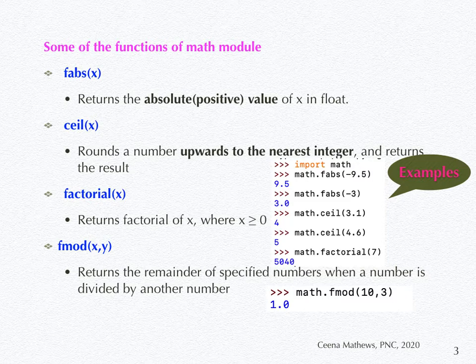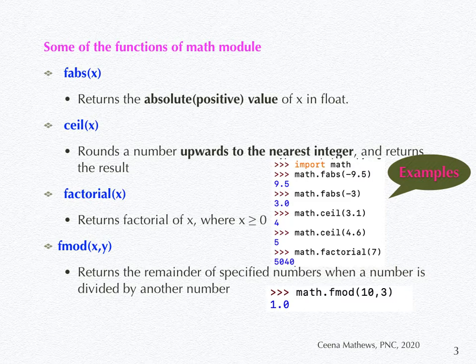For the negative float number minus 9.5, it returns the positive value, 9.5. Another example is the integer minus 3. Though it is an integer, the result is displayed as a float. The positive value of minus 3 is 3.0.